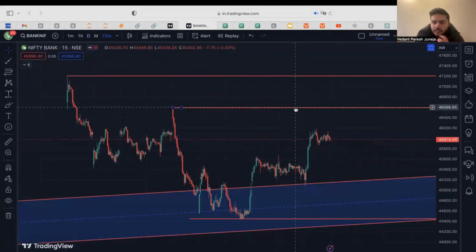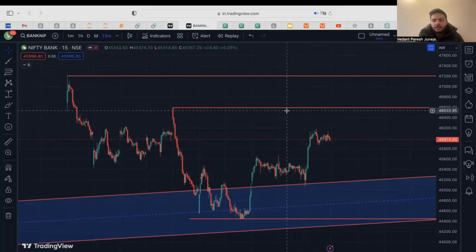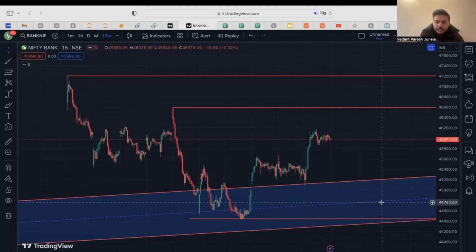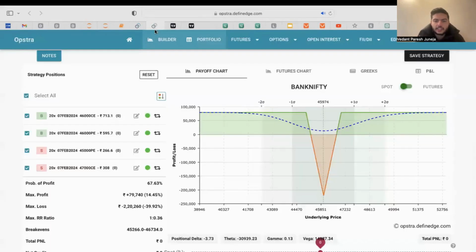If we rally towards this level, that's 46,500, I would want the strategy that I showed you on Opstra. I would want you all to square off every leg. If you rally till here, and if this gets broken down, you might see this. But what I'm trying to say is that there might be counter movements. You never know that you will reach here halfway and then there will be a sudden fall. So keep booking profit. For example, you deploy this strategy in the morning.